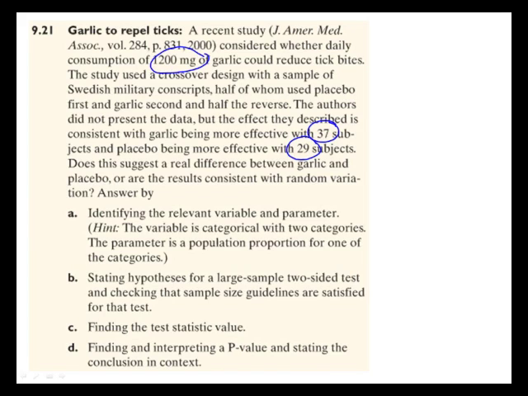So what is the variable that's being measured here in this study? Whether they're taking garlic or the placebo, right? And really, measuring whether they feel that garlic is better or the placebo is better. So we'll call it medication.